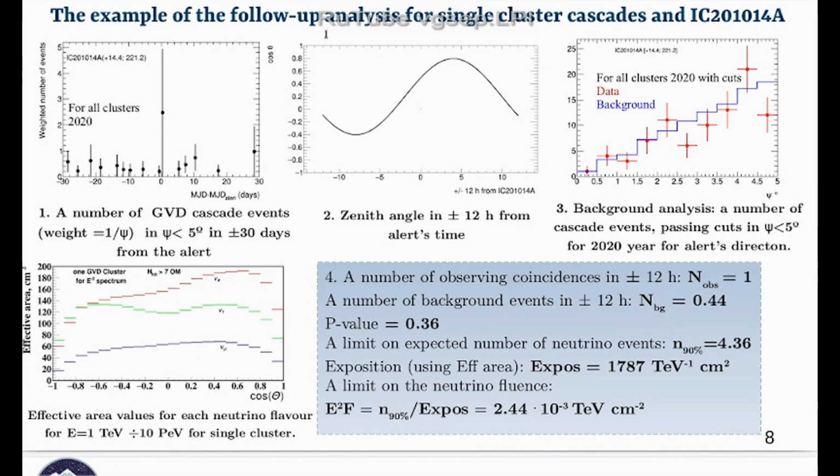Here is just an example of the follow-up analysis for single cluster cascades, for the IceCube event on 14 October. First of all, here is the number of GVD cascade-like events with the weight equal to 1 divided by psi, in psi less than 5 degrees, in a time window of plus minus 30 days from the alert time.